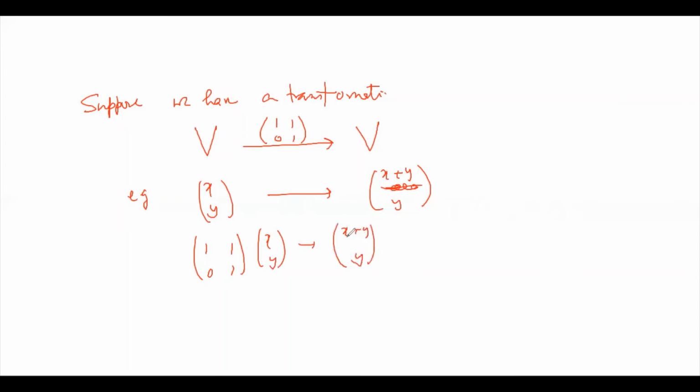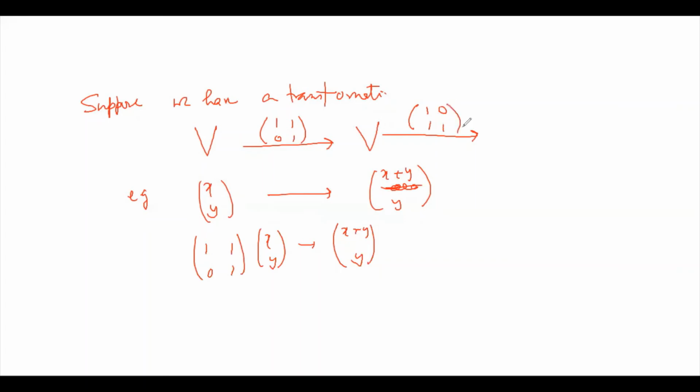But suppose I do a second transformation. So I got this, and now I will act on it with another transformation. Let's say that I transform it with a matrix like 1, 0, 1, 1.